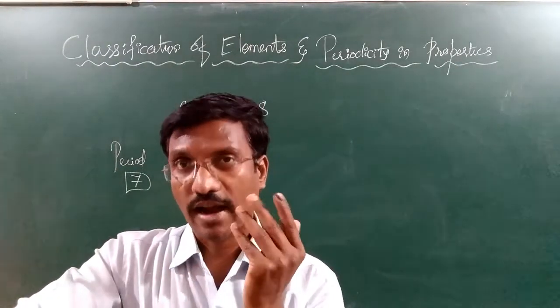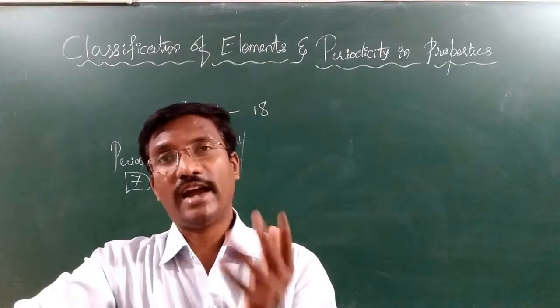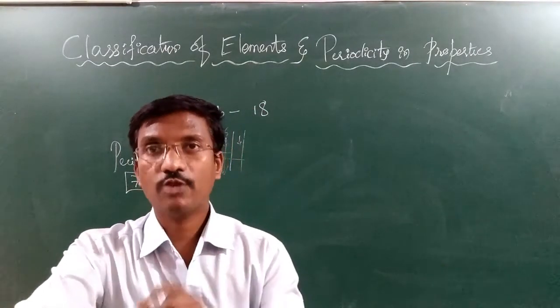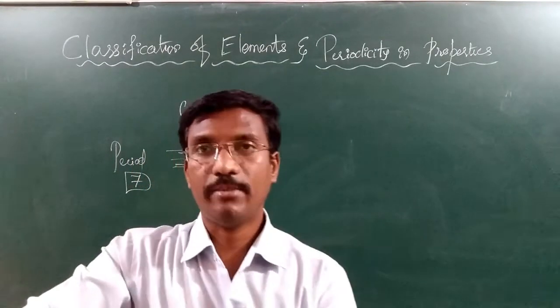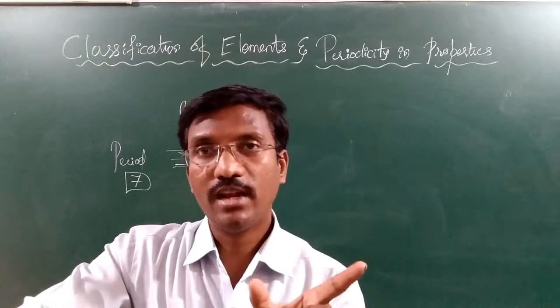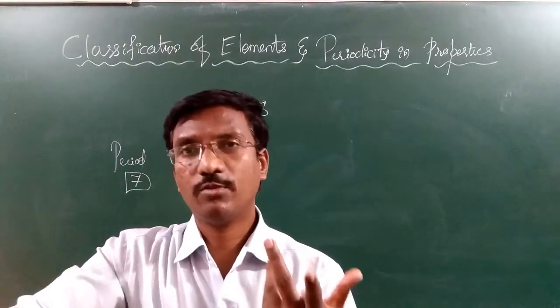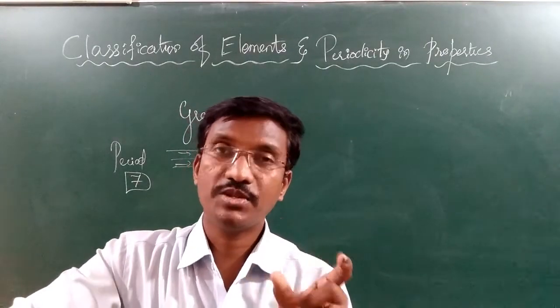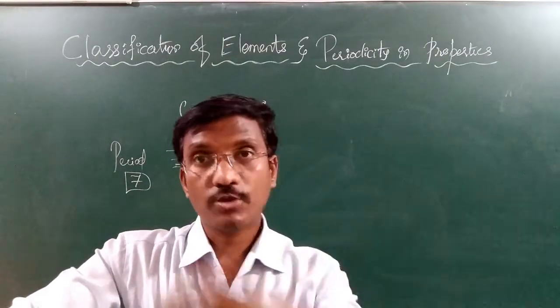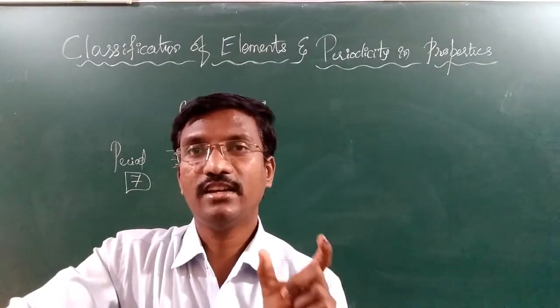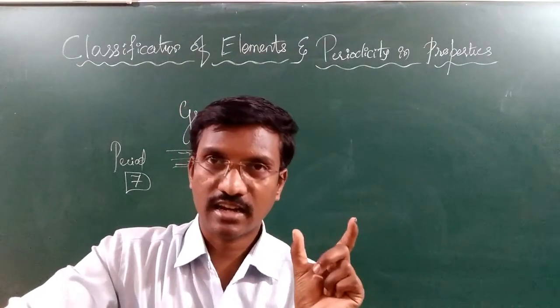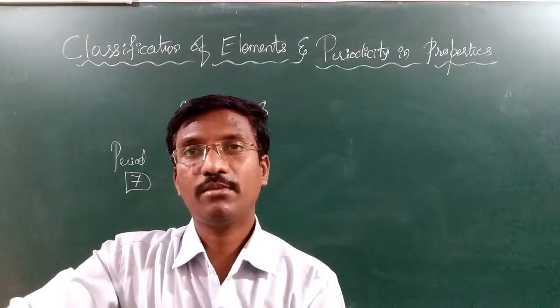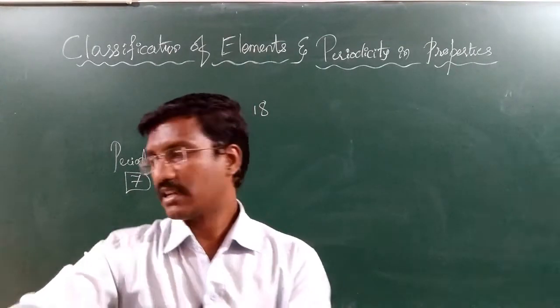If new elements are discovered, we already have rules to name them. Even if an element is not yet discovered, we can name elements with atomic number greater than 100 using some rules, which is called the IUPAC name.